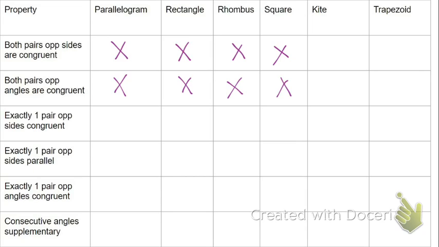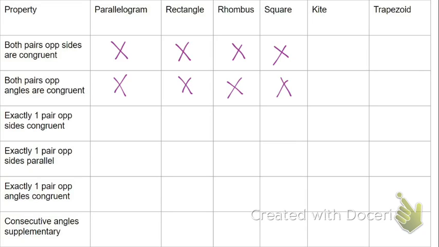So we're just left with a trapezoid. And if all it says is trapezoid, it doesn't say isosceles trapezoid, we don't know it for that either. So we can't mark any of these. If this said isosceles trapezoid, we could put a mark there, but it doesn't, so we can't.